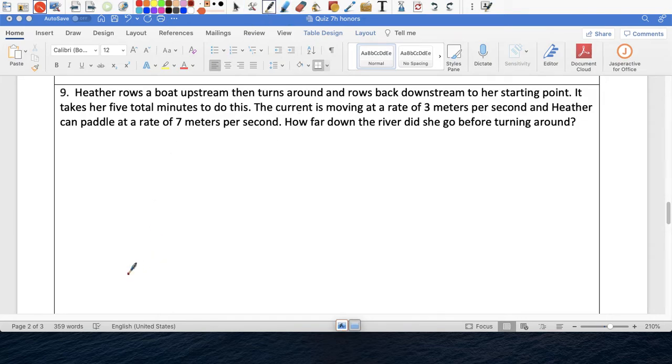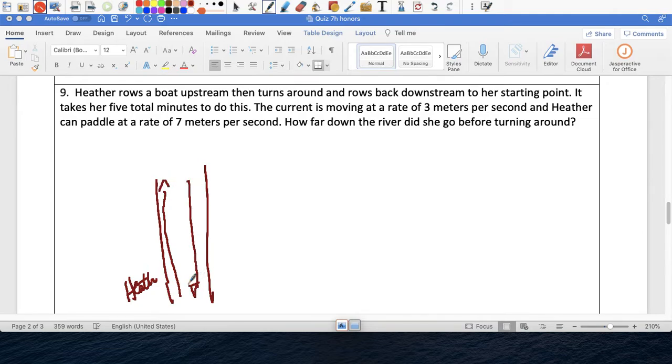So Heather is here. Here's a river. Okay, so let's put Heather over here. She's going to take the boat and go upstream, turn around, and go downstream. It takes her 5 minutes to do this.